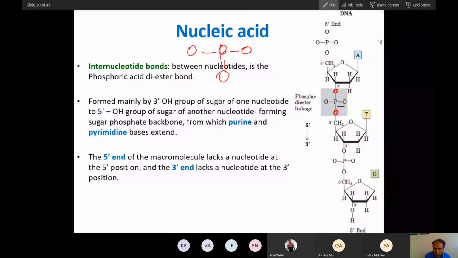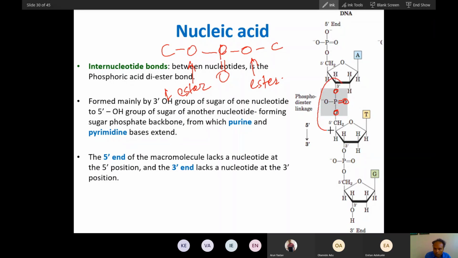With this, there is one C, and there is one C. So this is one ester, and this is the second ester. That is why the total bond is called what bond? Phosphodiester.